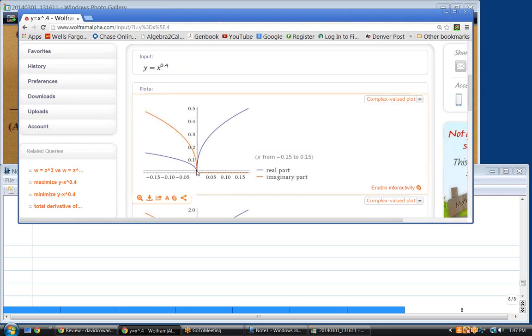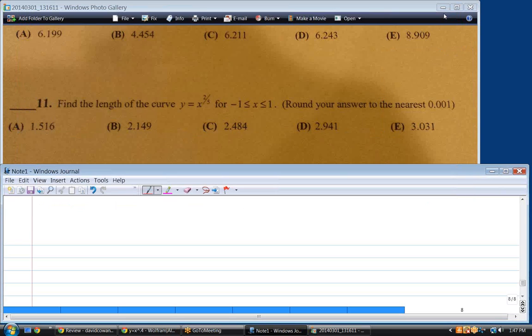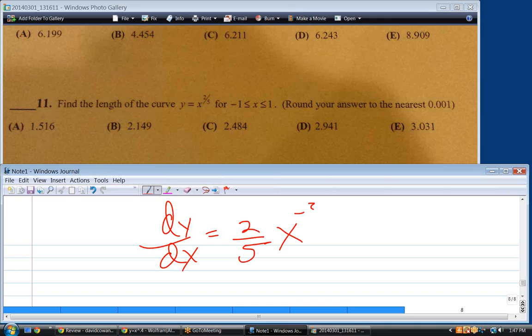I don't see any points on there that are not differentiable. So we should be able to take dy dx, square it, plug it in. What's dy dx? dy dx would be, you bring the exponent down and you subtract 1 from the exponent.